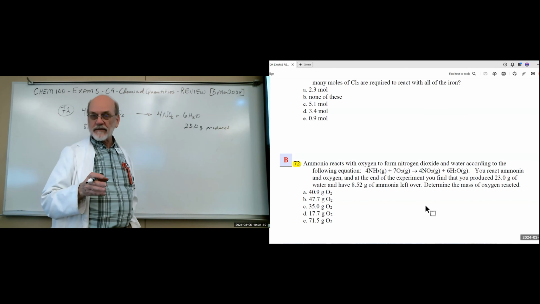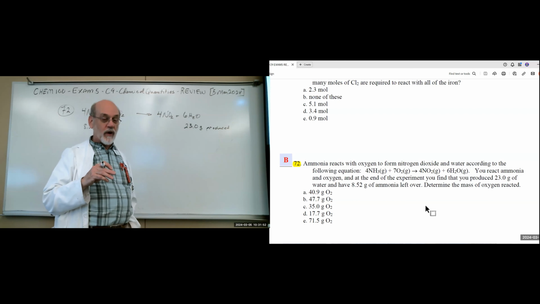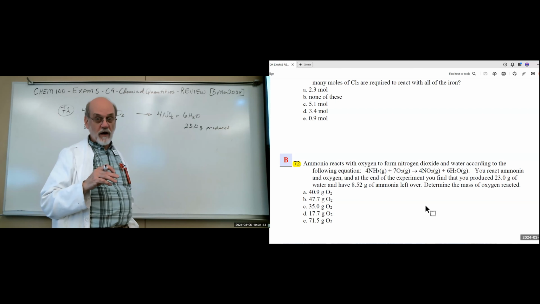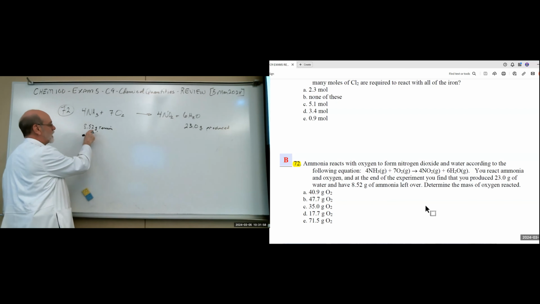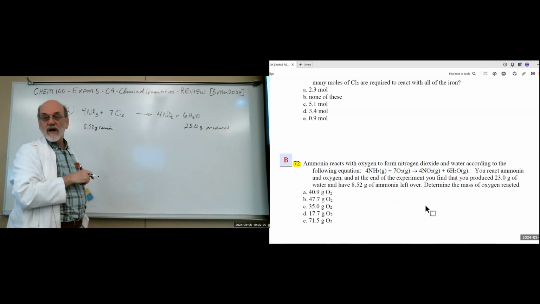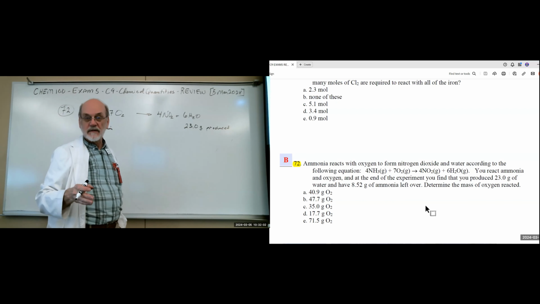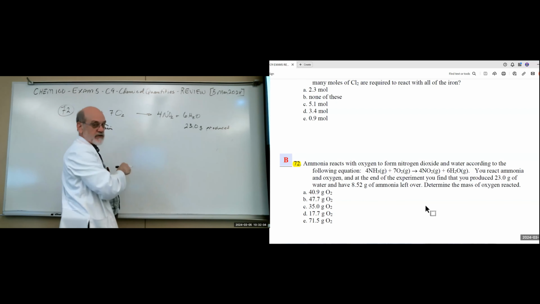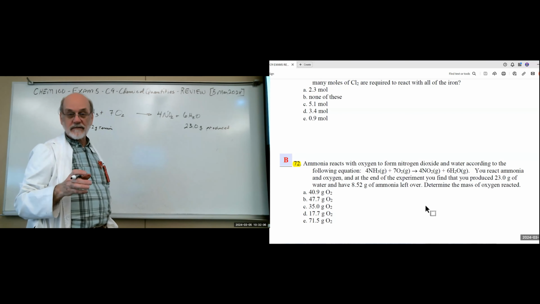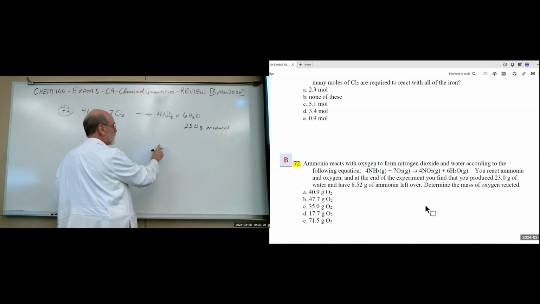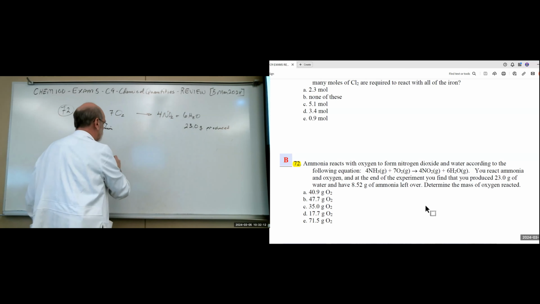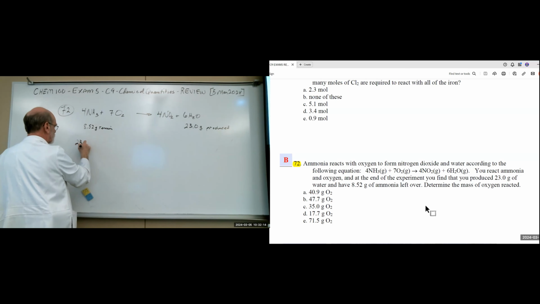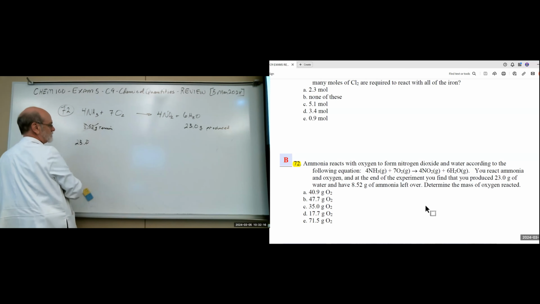They haven't studied enough. So a word problem like this will throw you off if you let it. 8.52 grams of ammonia left over doesn't matter. If we want to know how much oxygen was required, all we need to know is moles of water and convert that to moles of oxygen. And we don't need that.